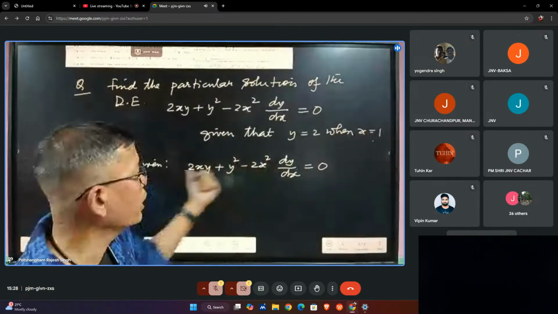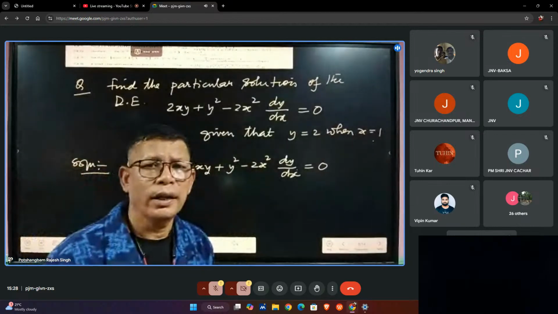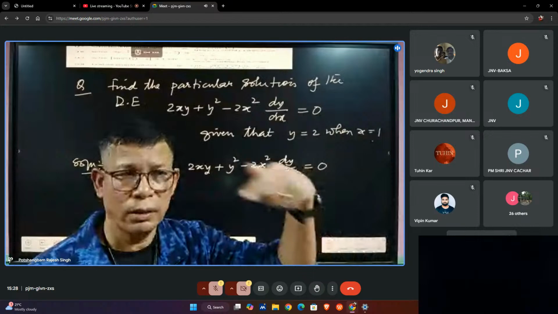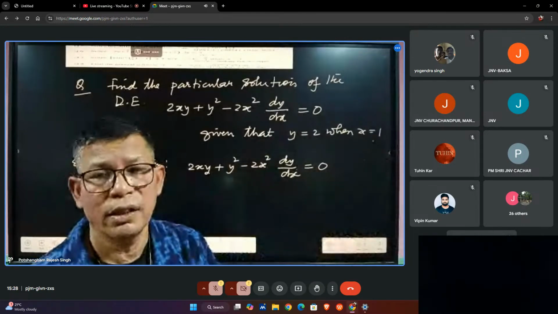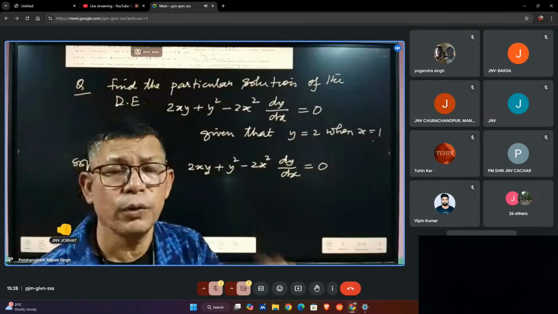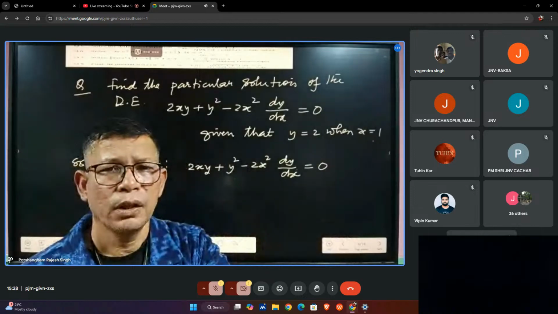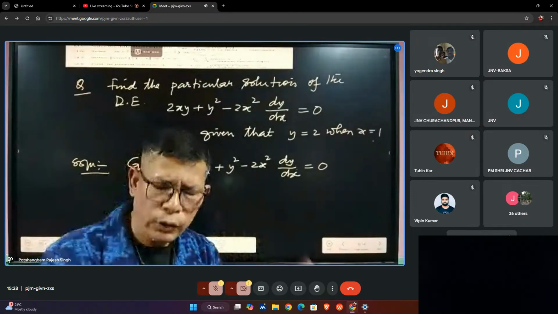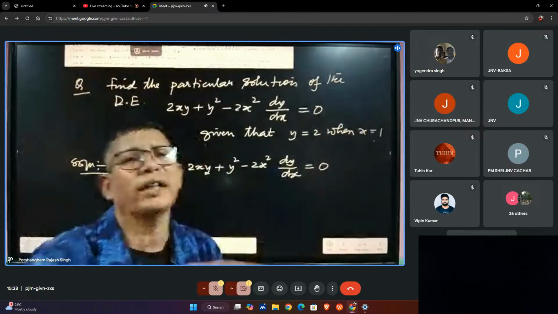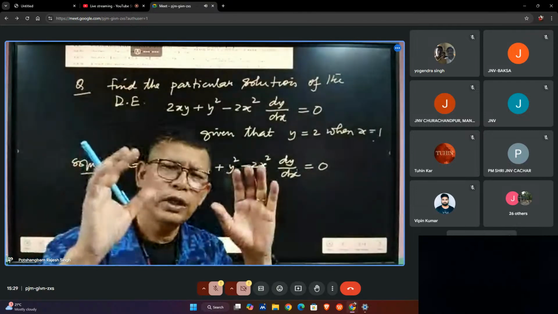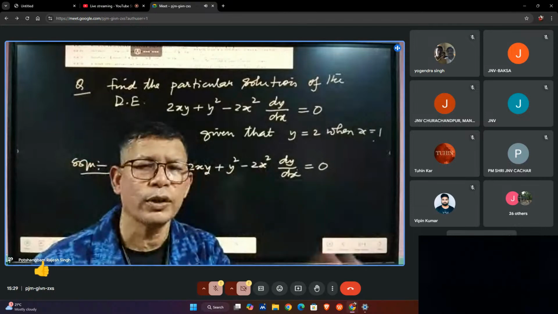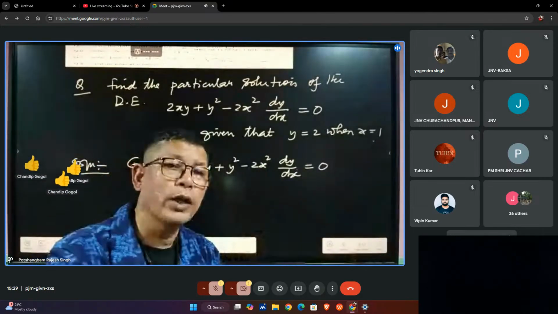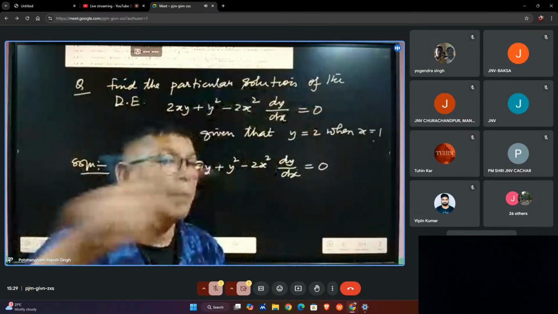It means all the terms have the same degree. So as per rule number one that I suggested, this will be a homogeneous differential equation. You have identified it, and to solve it you need to bring it into either type 1 or type 2.